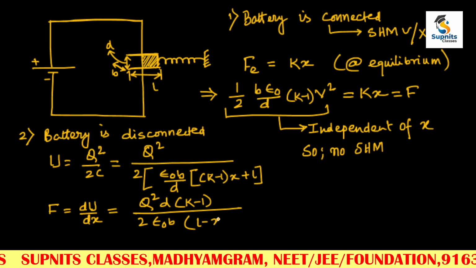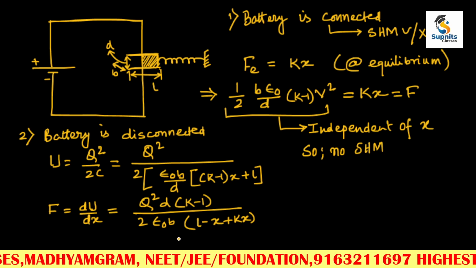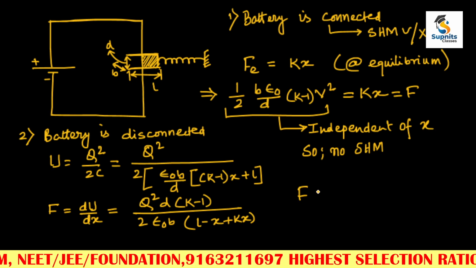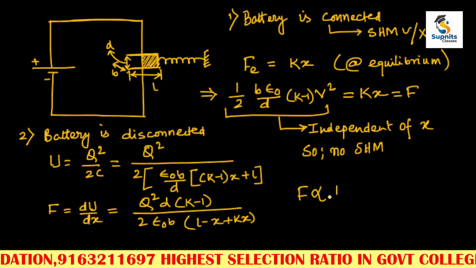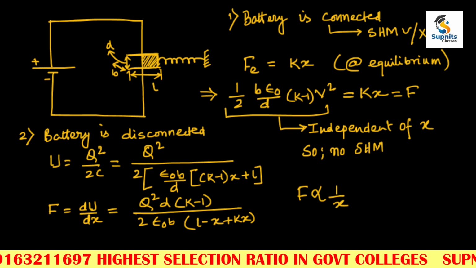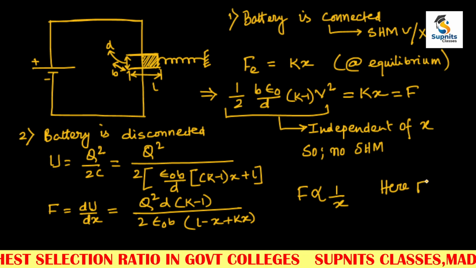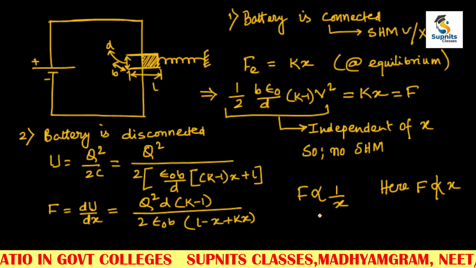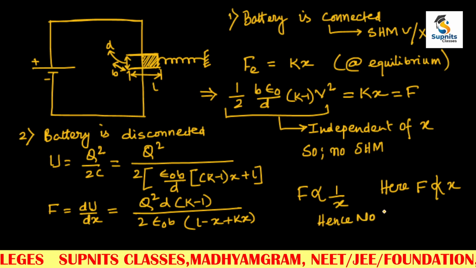L minus x plus kx. Okay, so here if you see, this is dependent on x. Yes, you can say that yes, F is dependent on x, but that is dependent on 1 by x. So here F is not proportional to x, hence no SHM.